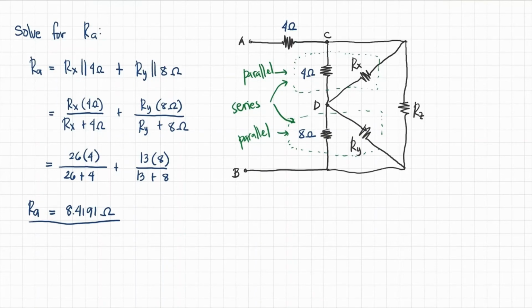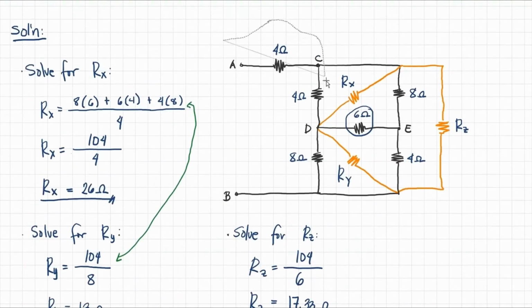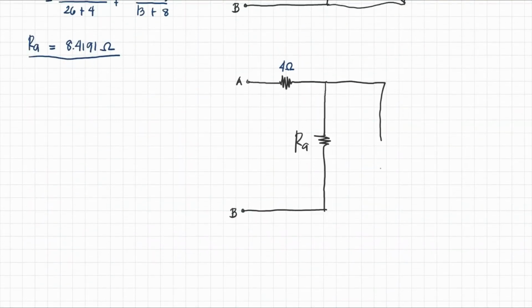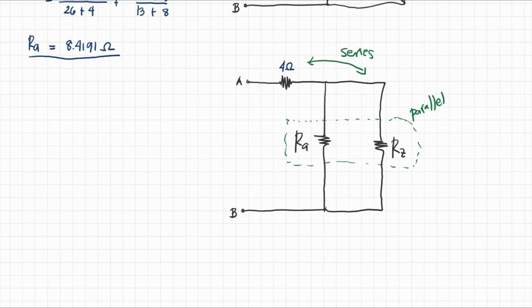Once that is done, we can redraw again our whole circuit to reflect the value of Ra, replacing the complicated network in the middle. Ang natira na lang sa atin would be the 4 ohm, the Ra, and the Rz. Now we can observe that this Ra and Rz are actually connected in parallel, and their combination is connected in series with the 4 ohms.